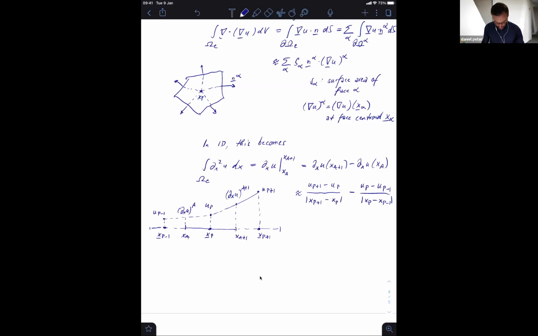Maybe we can shorten the notation a bit by assuming that here, for example, the distance between the centroids we call delta plus, and here delta minus.